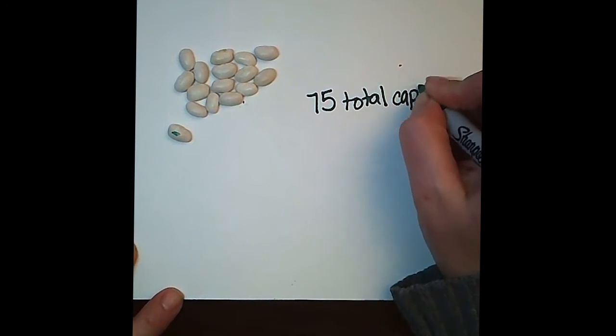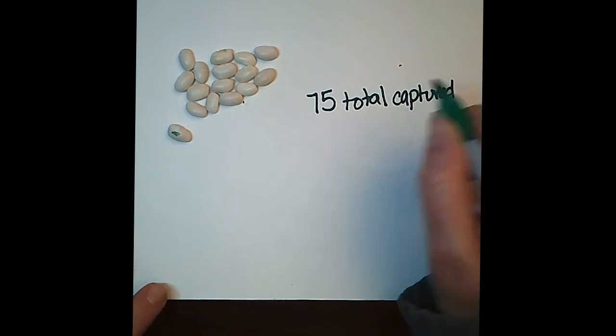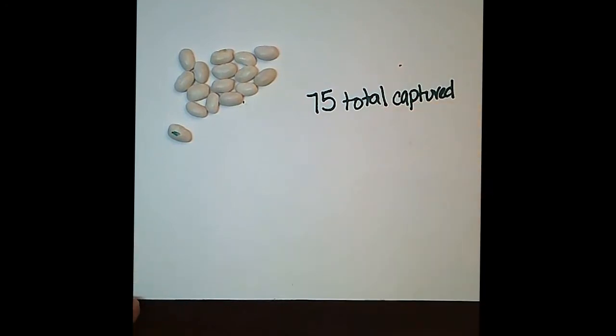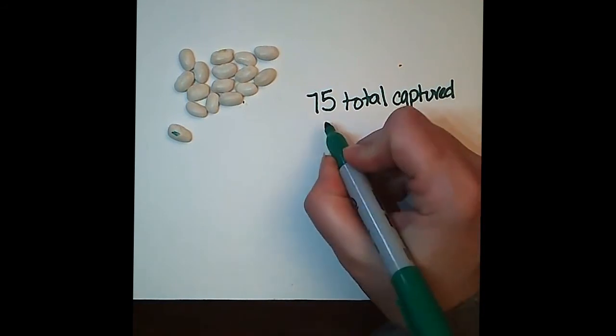Captured. And then our first trial, if I remember correctly, had 1, our second trial had 2, our third trial had 2, and our fourth and fifth each had 1. So that would be our total captured with a mark to be 7.